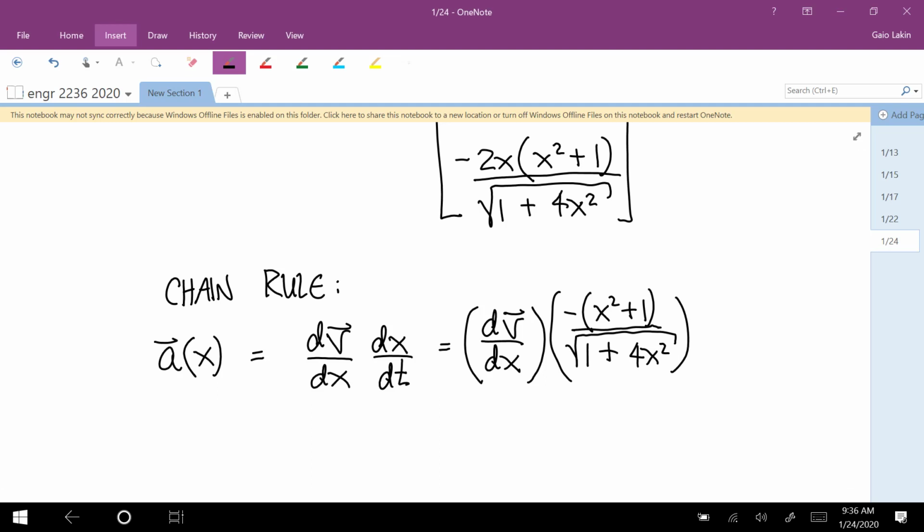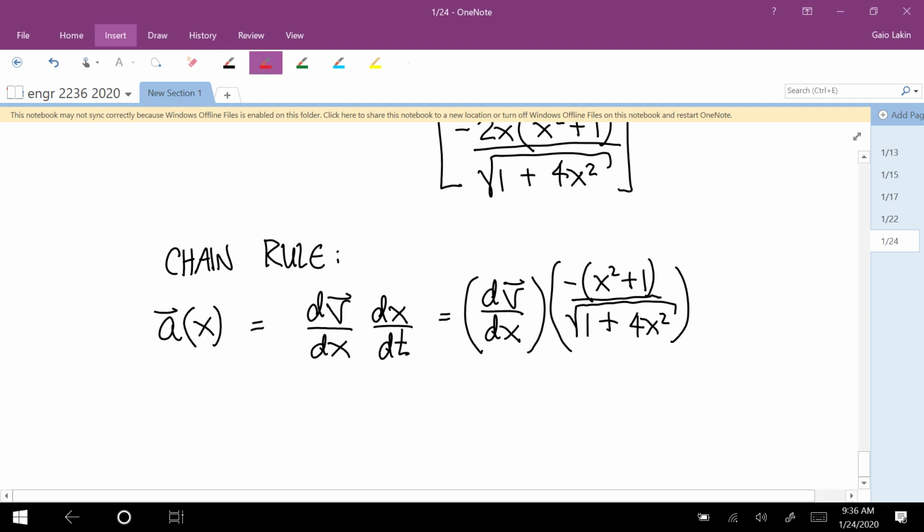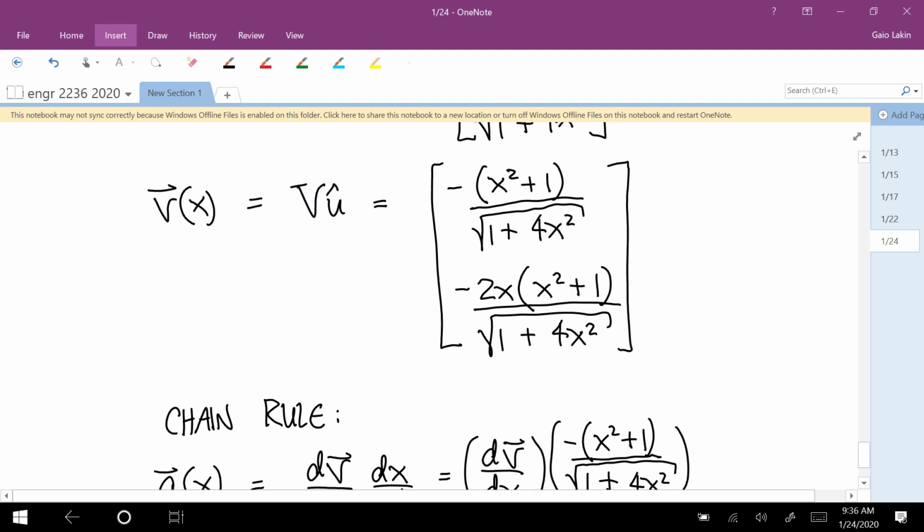And I'm not going to go through this here. I mean, you can see that this is messy. But you're going to take the derivative of that velocity vector with respect to x. That's a pretty painful derivative to do by hand. It's not the most horrible thing in the world.